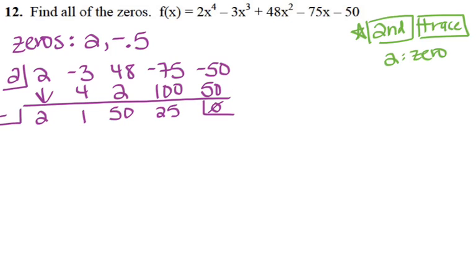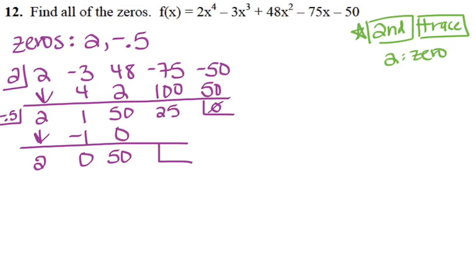Then we do the synthetic division again, but now we use the negative 0.5. So let's run through that. 2 times negative 0.5 is negative 1. 50 times negative 0.5 is negative 25. And again, we get a 0 in the remainder box. So we did the synthetic division twice because we needed to get it down to an x squared.